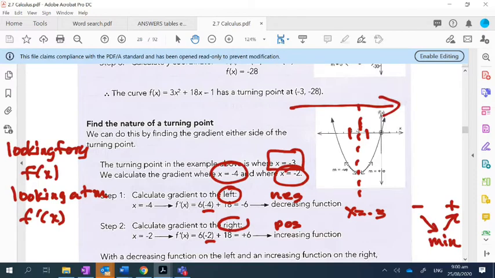Yes? How do you know which one comes first? Doesn't the negative always come first? Pardon me? No. When you plug it in, it depends on the signs of the function that you start with, right? Now, in this case, the negative is always going to come first because it's a simple parabola going down, right? But you read it left to right, so the -4 gave you the negative value.